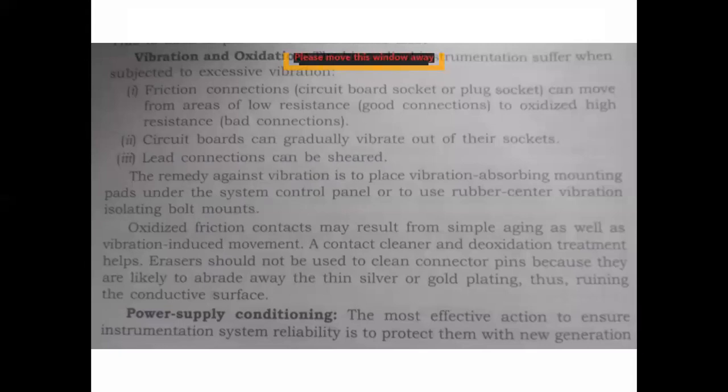So for this, what we have to do is place vibration absorbing mounting pads under the system control panel, or use rubber center vibration isolating bolt mounts. These problems that occur due to vibrations can be avoided by using these remedies.